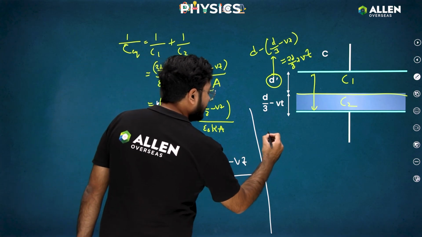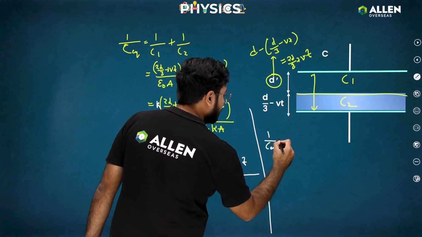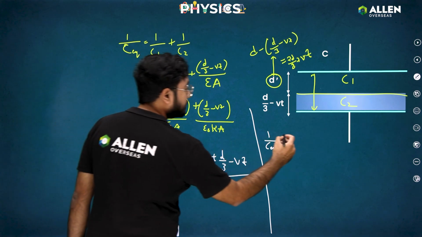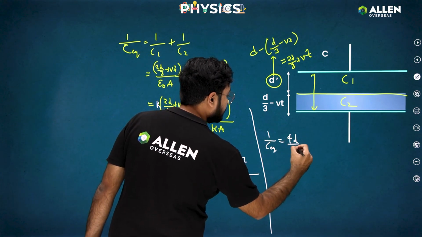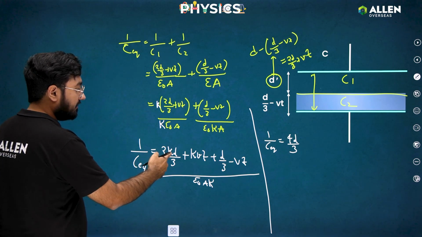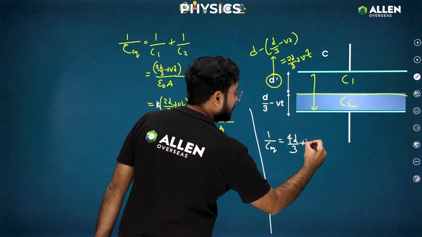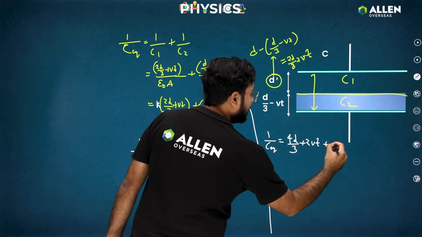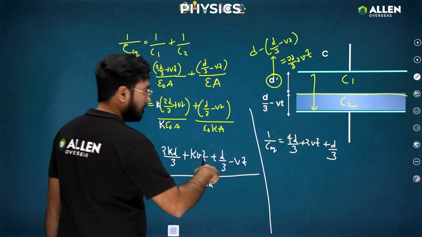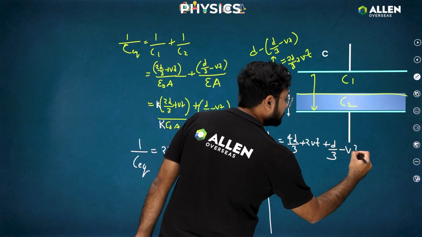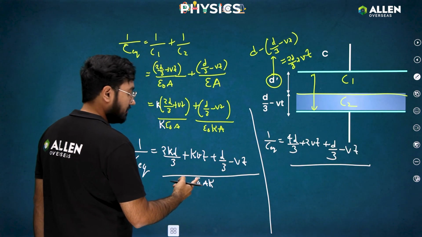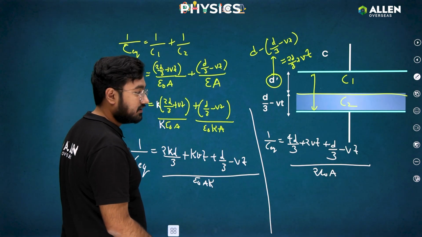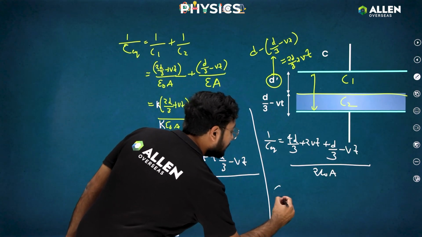So 1 by C equivalent will be equal to 2 times 2, that is 4d by 3, plus 2Vt, plus d by 3, minus Vt, divided by 2 epsilon naught A. Can I take the reciprocal?